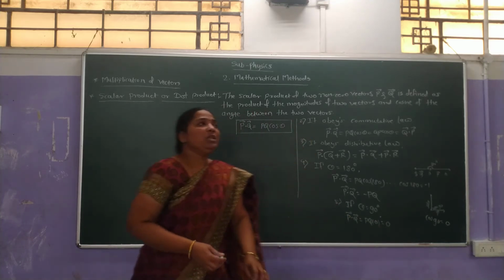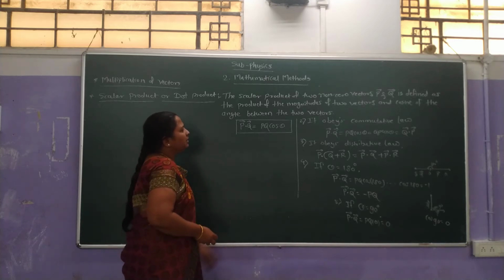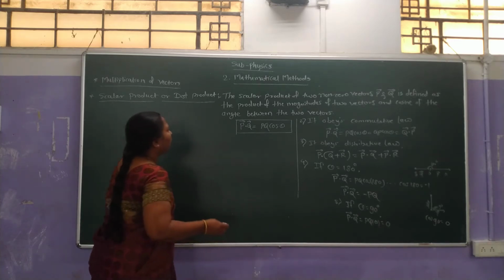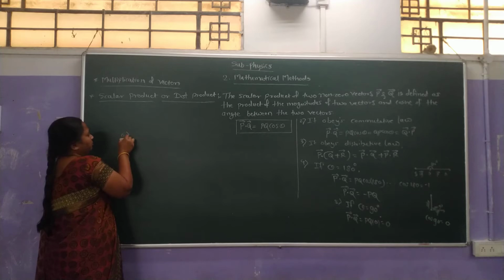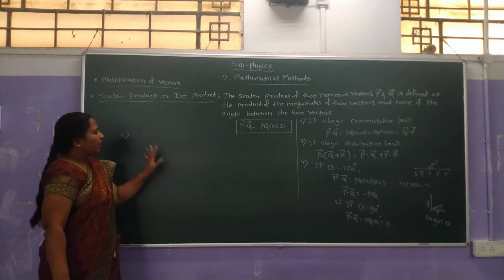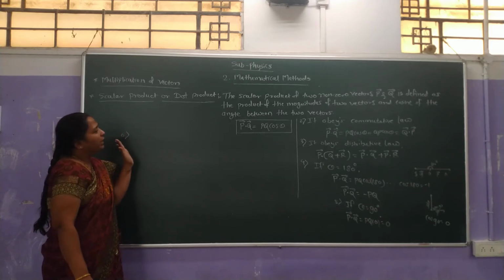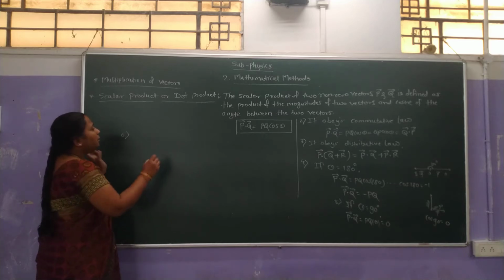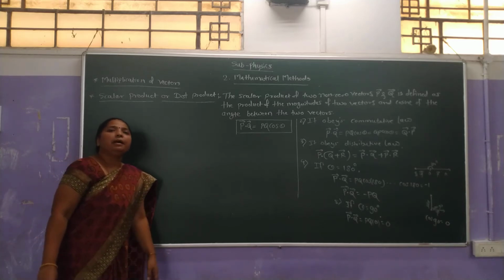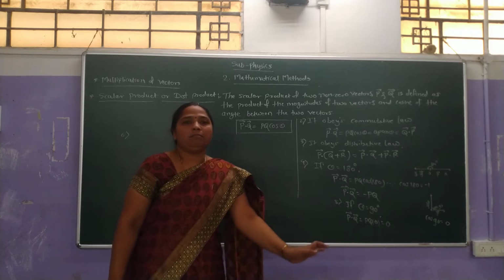Now, we study the sixth characteristic of the dot product of two vectors: if the vectors are in rectangular component form.